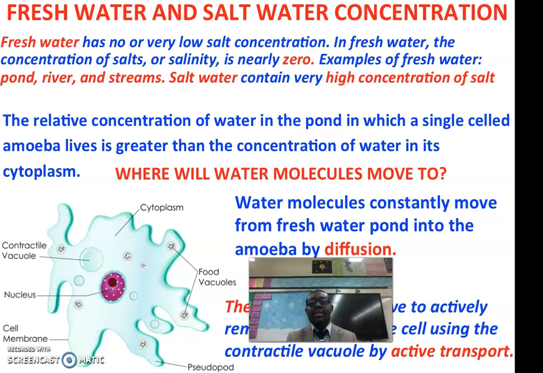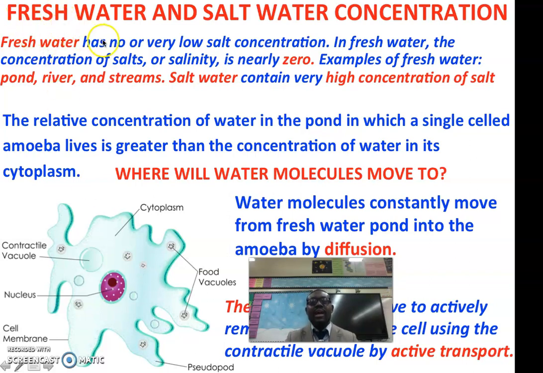So that means we have more water molecules in the pond compared to the concentration of water molecules inside the amoeba cell. This simply means that inside the amoeba cell, the salt concentration is very high compared to the dissolved salt in the pond water.